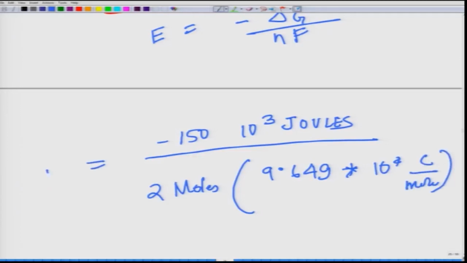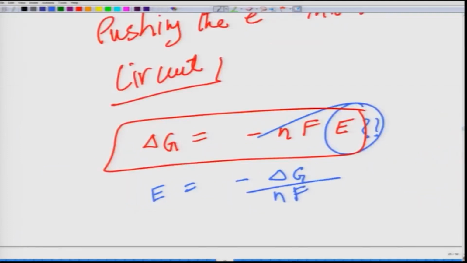Now, there is a minus already here, and this equation also comes with a minus, so the minus cancels.